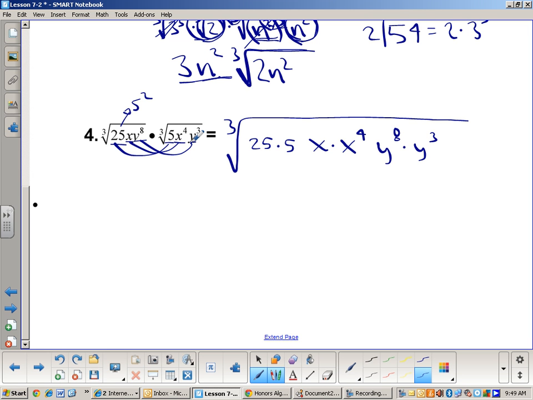Okay? And I'm looking for groups of 3. And we said this could be rewritten as 5 squared, and that's 5 to the 1, so this is really 5 to the 3rd power. And if I break the x up into 3s, well, how many are there altogether? 5. So how would I break that up into 3s? X squared squared times x.